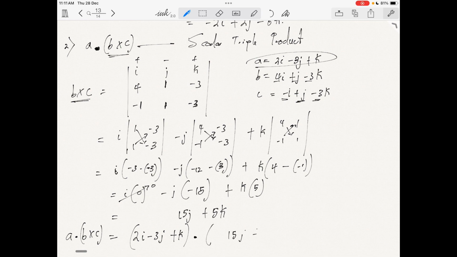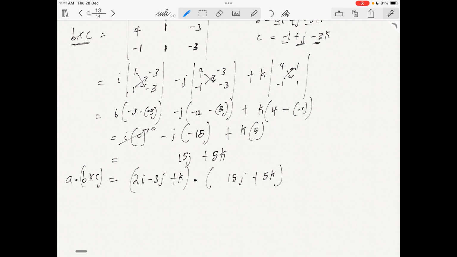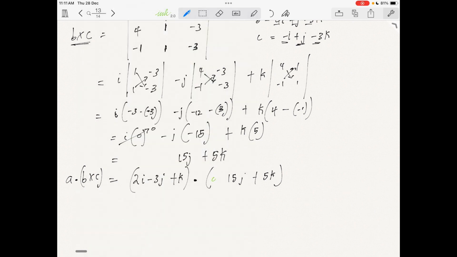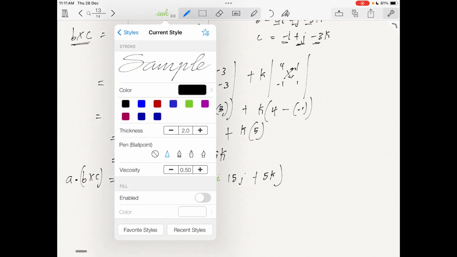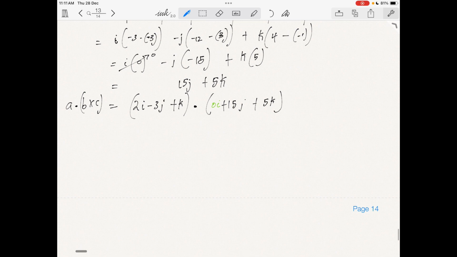Okay, now since there is no i component here, we can rewrite the i component as 0i. So we can now perform the dot product here and say this will be 2 multiplied by 0.